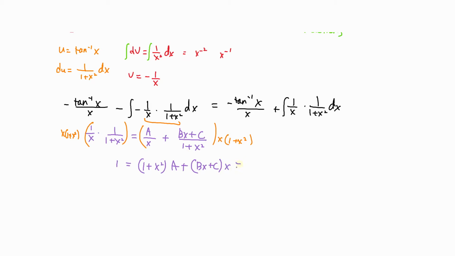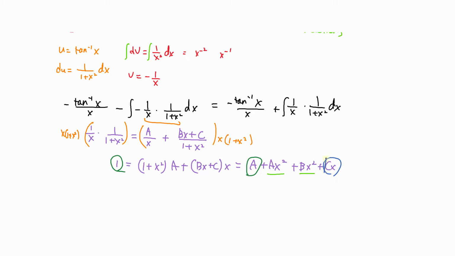Okay, I can expand the terms by distribution. So I have A plus A times x squared plus Bx squared plus Cx. I see the like terms here, and Cx is all alone by itself.